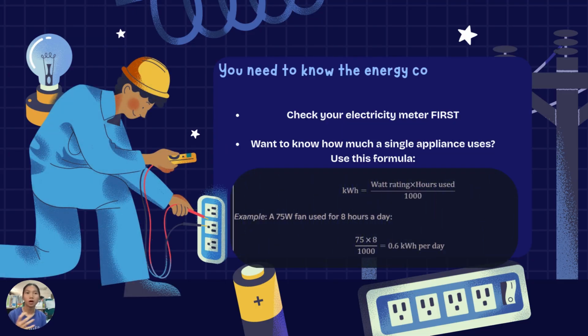Before you calculate the cost, you have to know the energy consumption in kilowatt-hours. First, you have to check your electricity meter. If you want to know how much a single appliance uses, you use this formula: kilowatt-hours equals watt rating times hours used divided by 1000. Example: a 75-watt fan used for 8 hours a day, where 75 times 8 divided by 1000 equals 0.6 kilowatt-hours per day.